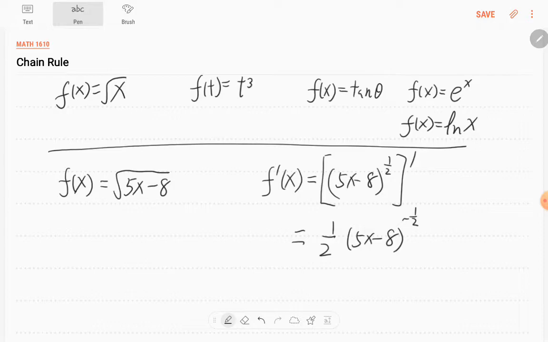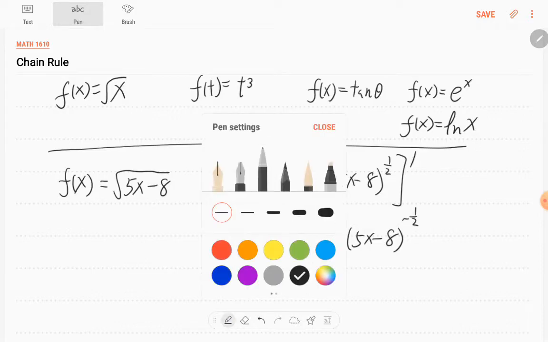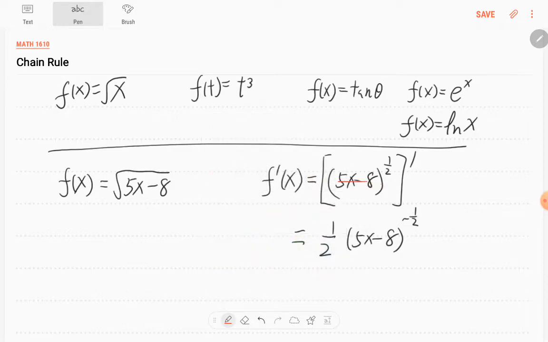Some may think this is right, but actually it's wrong. It's partially right, but the result is missing some number.